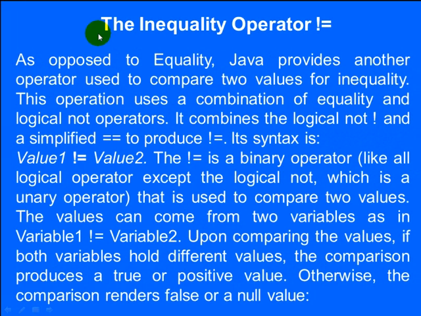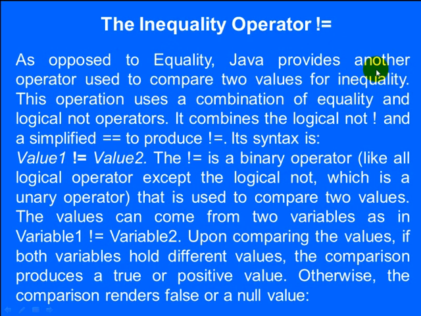We shall cover an example where we shall use the not operator. Then we have the inequality operator, denoted by the exclamation symbol followed by equal to. The use of this operator is just opposite to that of the equality operator. As opposed to equality, Java provides another operator used to compare two values for inequality.